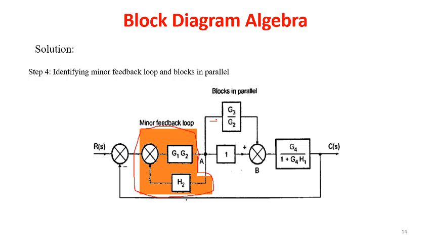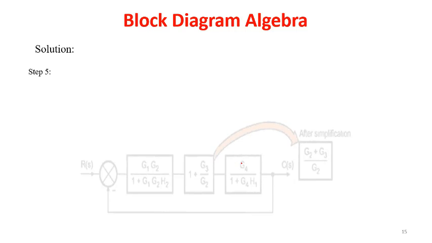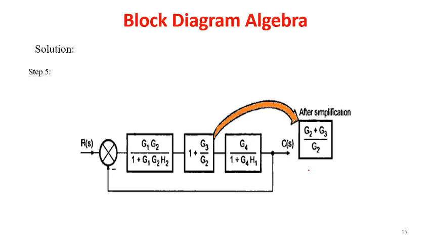This is also a forward block and this is also by default a one block, both are in parallel. So hence these are going to be getting parallel combination. So we get the next block here.